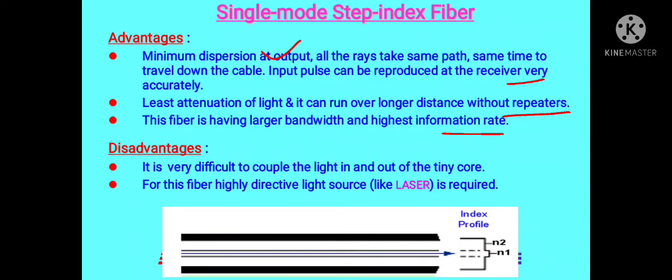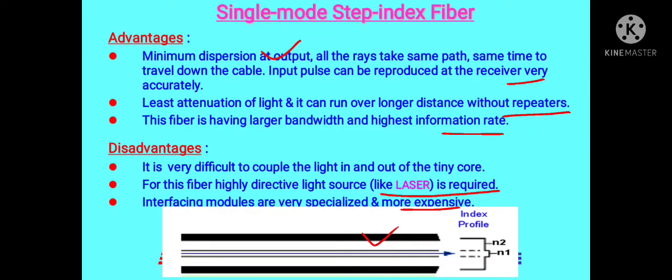Secondly, for this optical fiber, a highly directive light source like laser is required. And thirdly, due to all these reasons, interfacing modules are very specialized and more expensive as compared to others. For the sake of understanding, the structure of single mode step index optical fiber is shown here along with its output profiles.